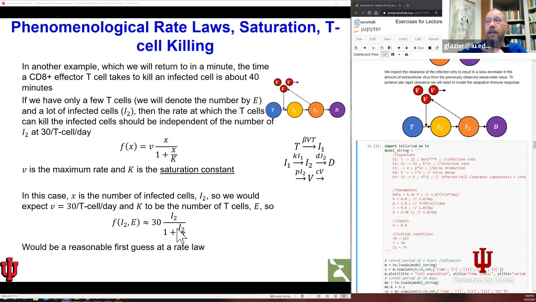So in the example I gave here, if one T cell can kill 30 infected cells per day, then as a function of the number of immune cells, the number of infected cells that I kill should be at most 30 times the number of immune cells, except the number of infected cells divided by 1 plus the number of infected cells divided by the number of immune cells.